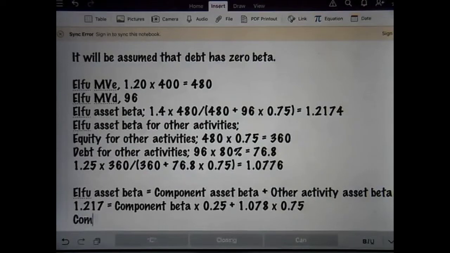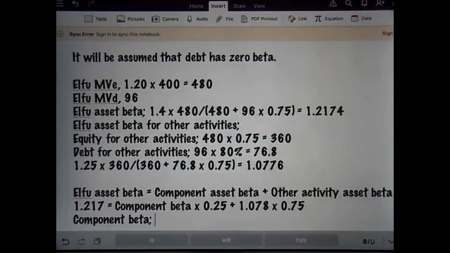So component beta is going to be how much? Get it? Yes, no? That was the complicated calculation for getting the asset beta.